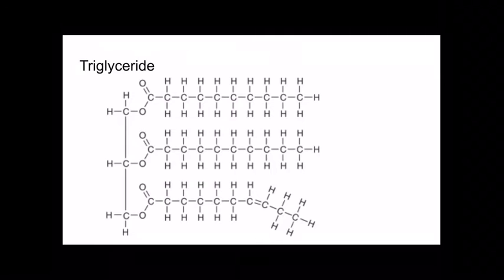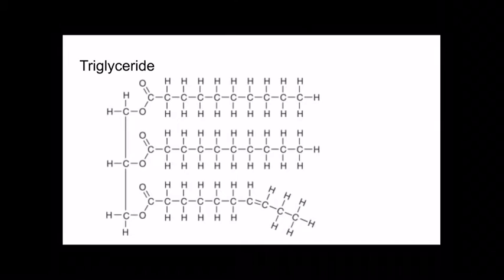All right, so now if we put it all together, we have a triglyceride. Here on the left, standing upright, we have those 3 carbons that form the glycerol backbone of the triglyceride. Each of those carbons has a carboxyl group attached to it, and then attached to that are the fatty acid chains. One of the things we're seeing here is that the fatty acid chains in a triglyceride do not all have to be the same fatty acids.